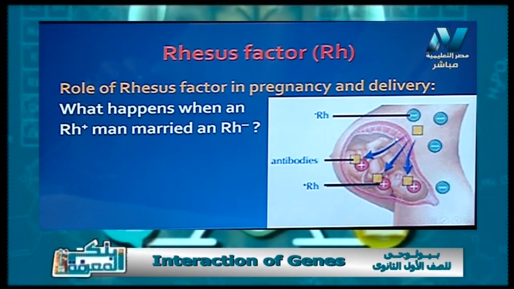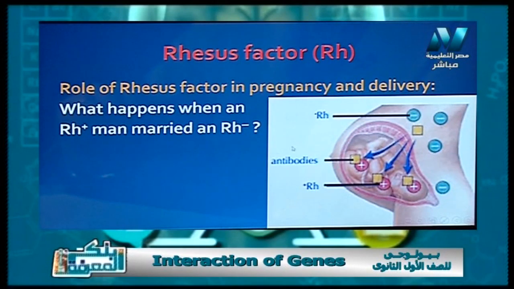If the antibodies come from the mother to the fetus, they may cause the disintegration of the fetus's blood and may cause death. But actually, it doesn't occur in the first baby, because he is born before the formation of these antibodies.